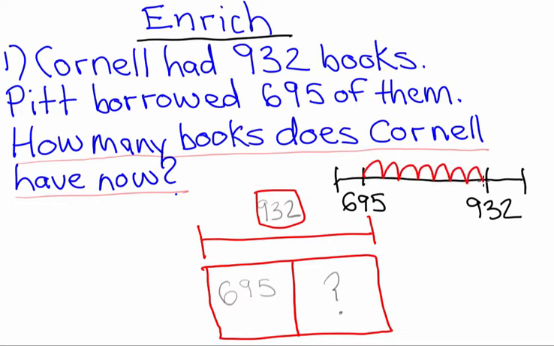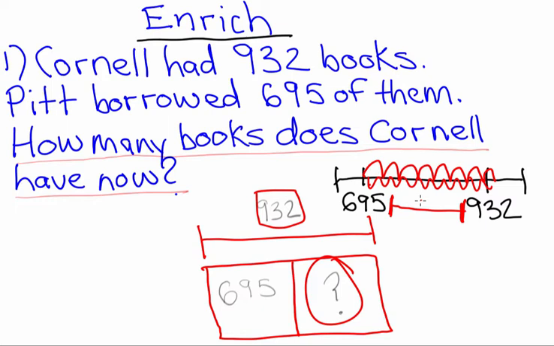How far do I have to travel and jump to get from 932 to 695? That tells us what this missing part is. So I could actually do subtraction, because when I subtract, I'm finding the difference between 695 and 932. It's kind of like the missing piece in the number line here.